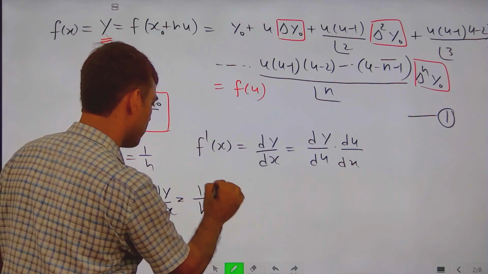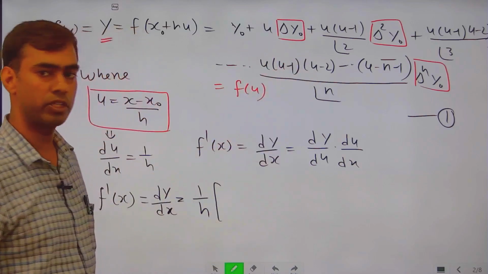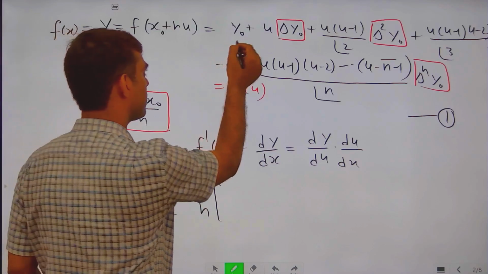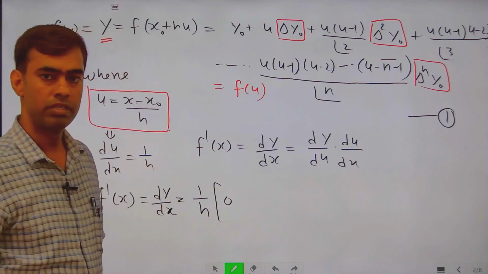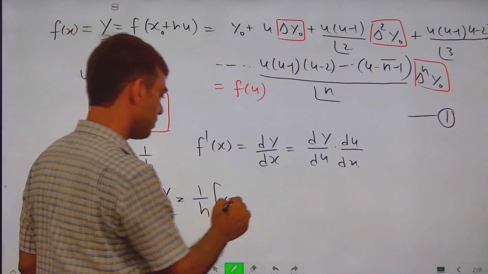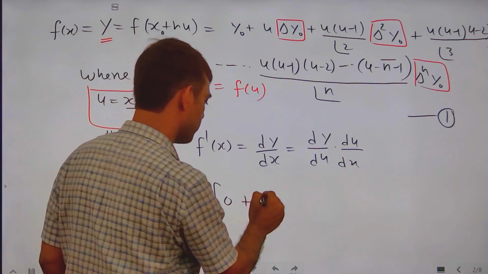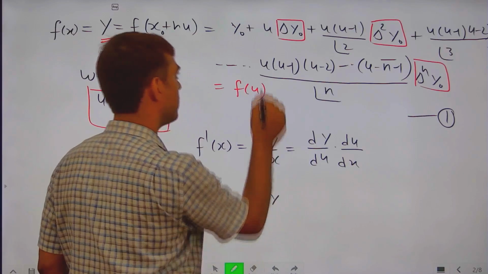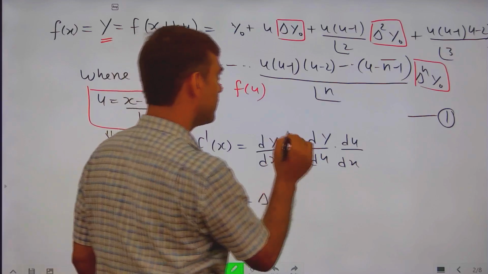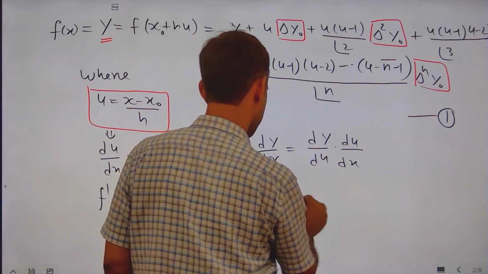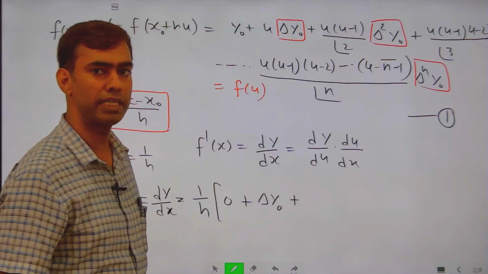Here we write 1 upon h, then we differentiate equation 1 with respect to u. The first term is a constant, so its differentiation becomes 0. The differentiation of the second term is del y0, because the differentiation of u is 1. For the third term, if we simplify, it becomes u square minus u.